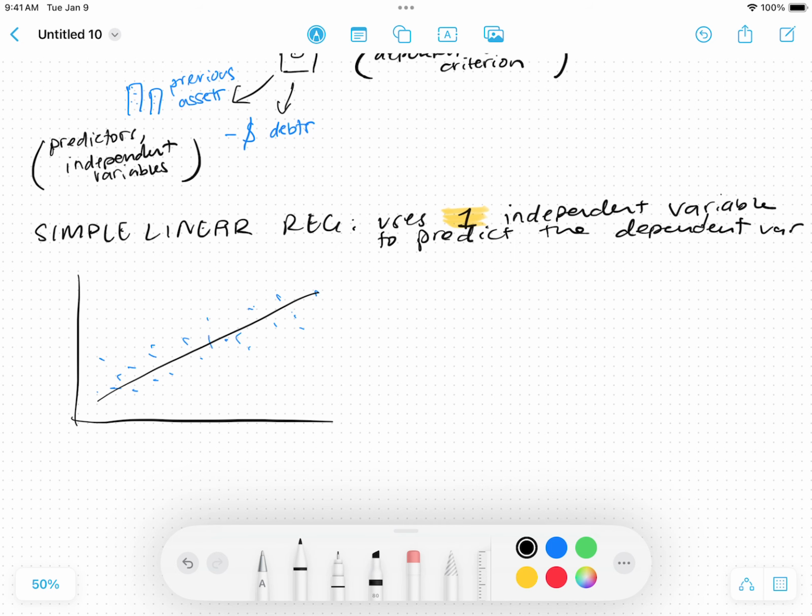The equation for this model is y hat equals b times x plus a, where b is our slope, x is our independent variable, and a is the y-intercept, right here.